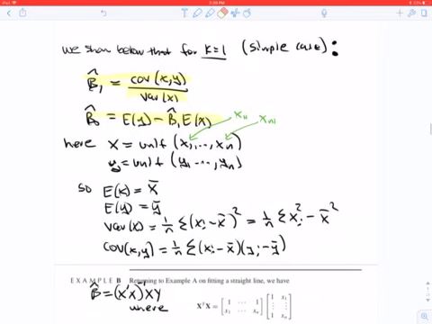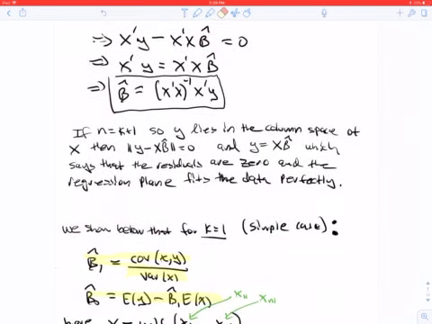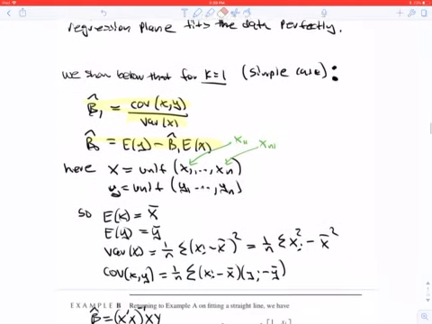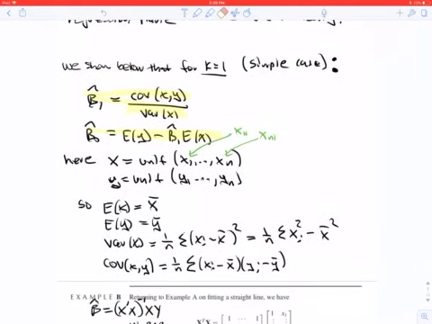So let's see what this strange looking beta hat formula is for the simple regression case. We'll show that beta 1 hat is the covariance of x and y over the variance of x, and that beta 0 hat is the mean of y minus beta 1 hat times the mean of x.